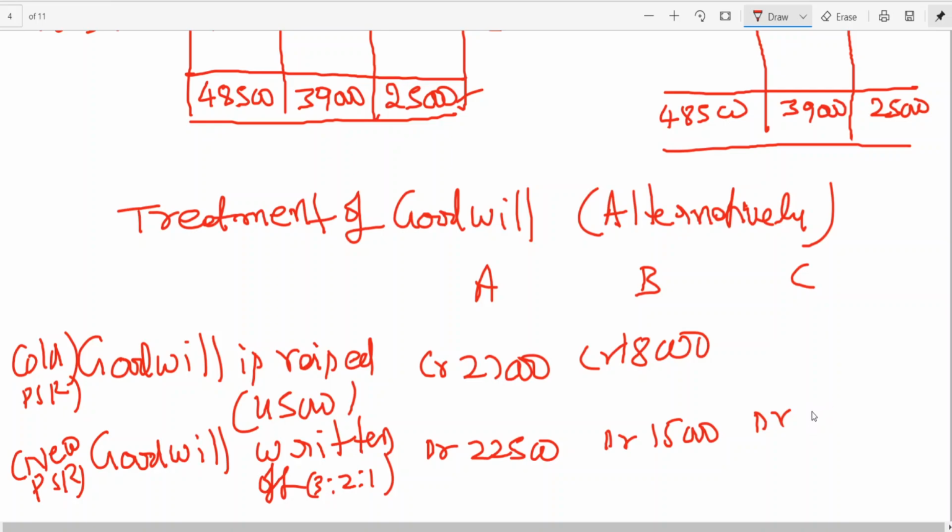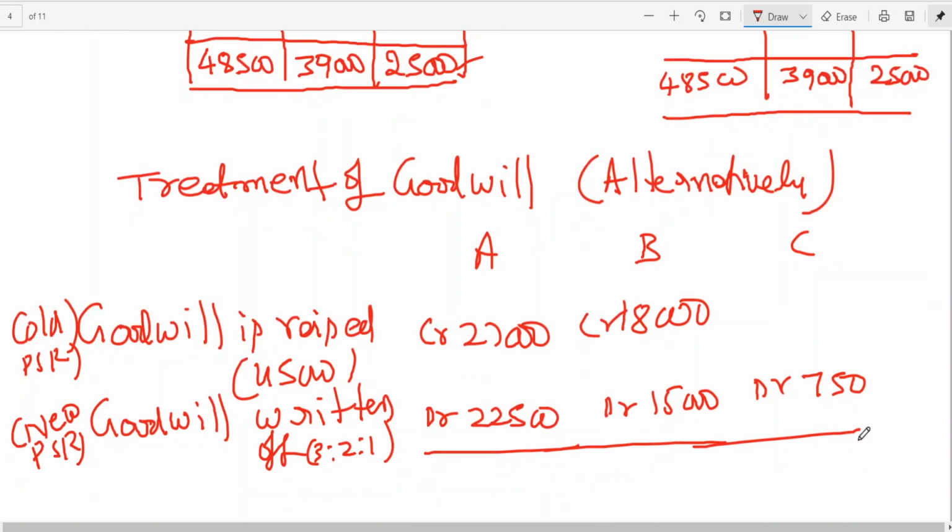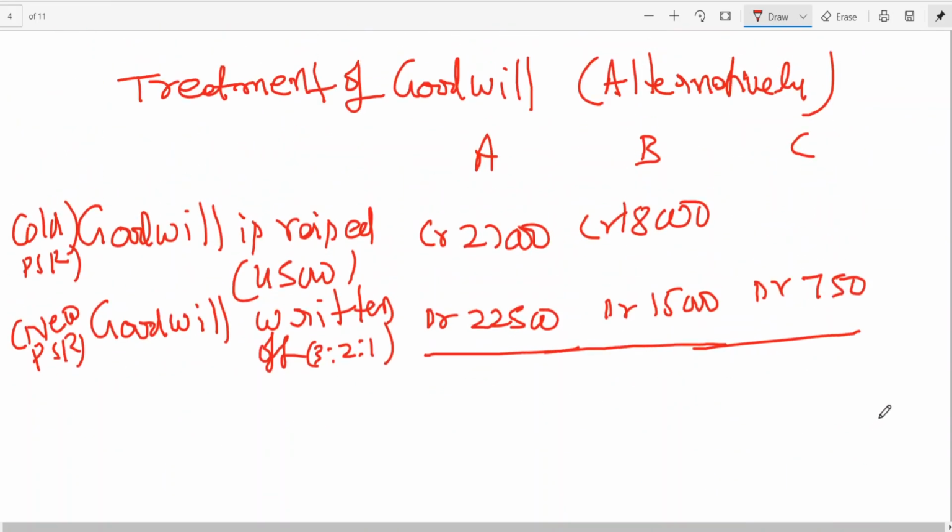See, in the notes which I have given to you, I told you that you can raise the goodwill and write off the goodwill. This is the logic. But for this you should have the new ratio and firm goodwill. If firm goodwill and new ratio are not given, it is a bit difficult for you to work out. Already I have explained the treatment of goodwill. Alternatively I am explaining. Now credit is showing more, 4,500 and 3,000.